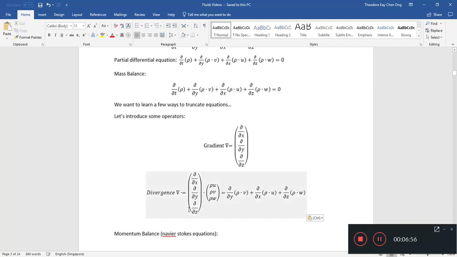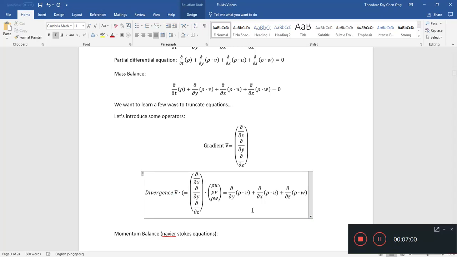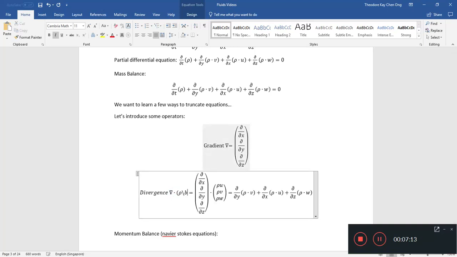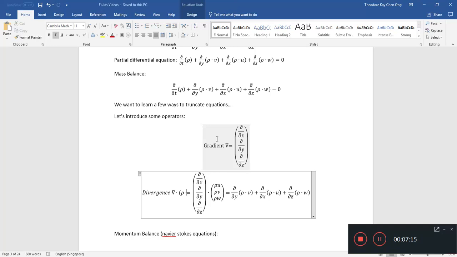Okay, so the correct way of writing this is you have all these densities that are here, these are talking about the same density. So I'm gonna have a velocity vector, right?